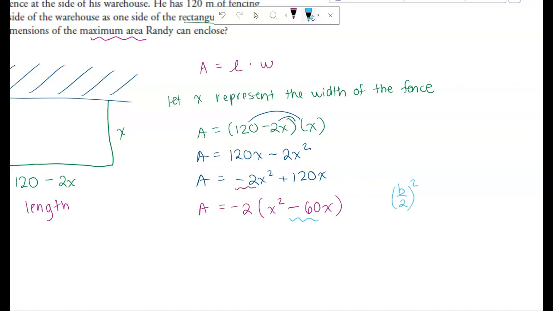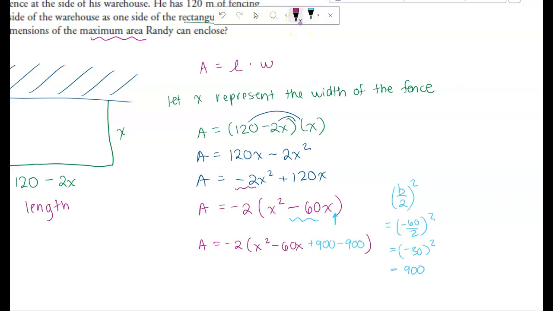So this is my b value, negative 60, divided by 2, squared, is negative 30 squared, which is 900. That means I'm going to add and subtract 900 in the equation. So area equals negative 2, bracket, x squared minus 60x plus 900 minus 900.